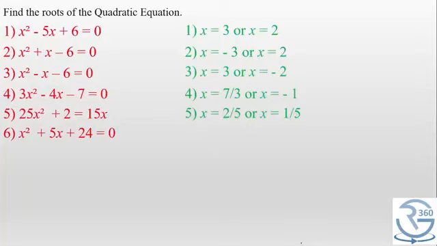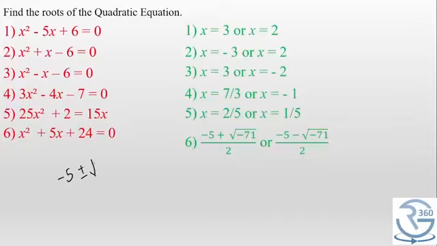Sixth question, x square plus 5x plus 24 is equal to 0. Now 8 into minus 3 is 24, so I am not able to split the middle term. So I am going to use the formula, which says the roots are minus b, that's minus 5, plus minus under root of b square, that's 5 square, which is 25, minus 4, a is 1 and c is 24, divided by 2 into 1.